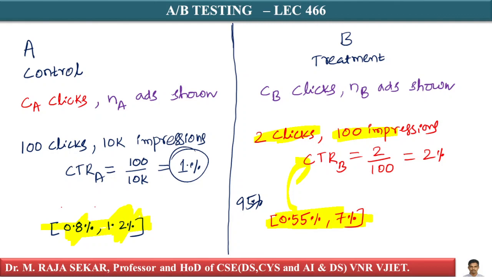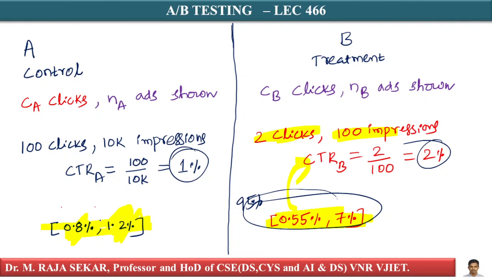CTR of A is 1%, and my point estimate for B is 2%. This 1% is less than 2%, but the confidence interval of CTR of B is so wide, 0.55% to 7%.